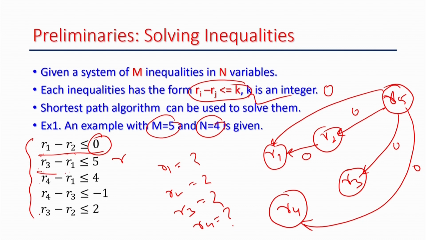So for example, 1 to 3, I am going to add an edge of weight 5, then 1 to 4, I am going to add an edge of weight 4, from 3 to 4 I am going to add an edge of minus 1, and from 2 to 3 I am going to add an edge of 2. So this is that graph representation.